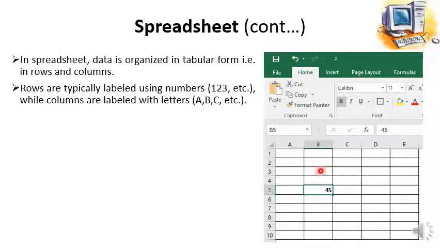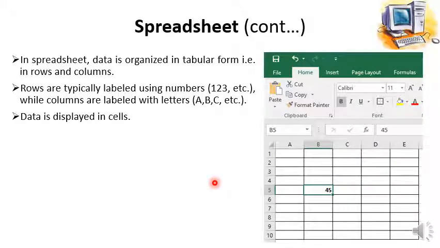Whenever you select any cell, the address of that cell appears over here, that is B5. Currently we have selected this cell which contains the value 45, so the address of this cell is column B, row number 5. So B5 is the address of this specific cell.